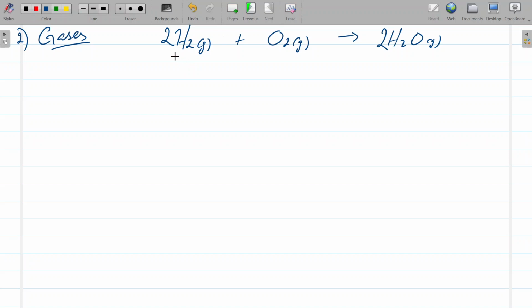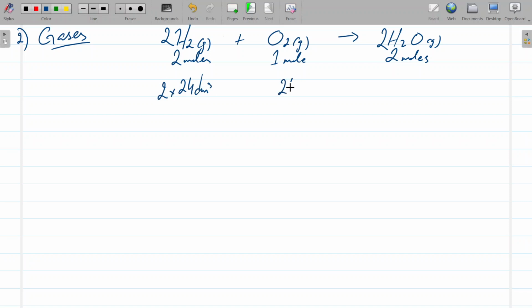And again, this tells us 2 moles of hydrogen react with 1 mole of oxygen gas, where they're both diatomic, to give 2 moles of water vapor. Again, we get into the volumes in this case, right? So they're gases. So 24 decimeter cube is the volume of 1 mole, and you've got 2 of those.